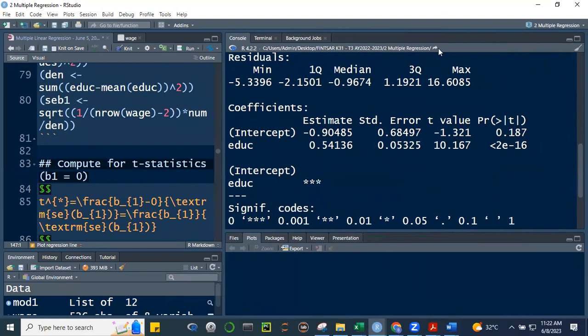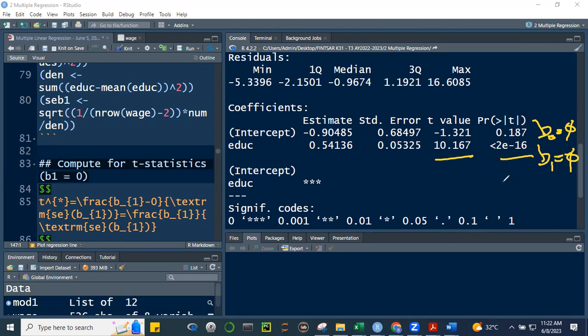We said, class, that you can use the t-value or the p-value in order to come up with an inference, if your null hypothesis should be rejected or not rejected. We said once again that this is our null hypothesis: beta 0 is equal to 0, and here, beta 1 is equal to 0. We can use either the t-value or the p-value to come up with an inference.